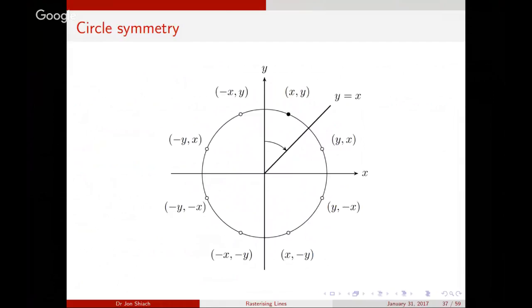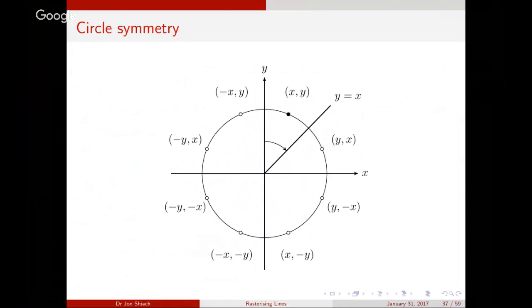Now the reason I've highlighted that is that if we know the coordinates of a point on the circle, and let's say they're x and y, so we know the value of x, we know the value of y, we automatically know the value of the other 7 points around the circle in the other 7 octants. So for example, we know x and y.